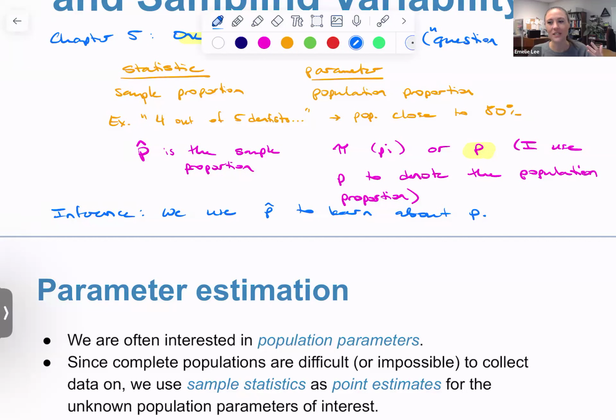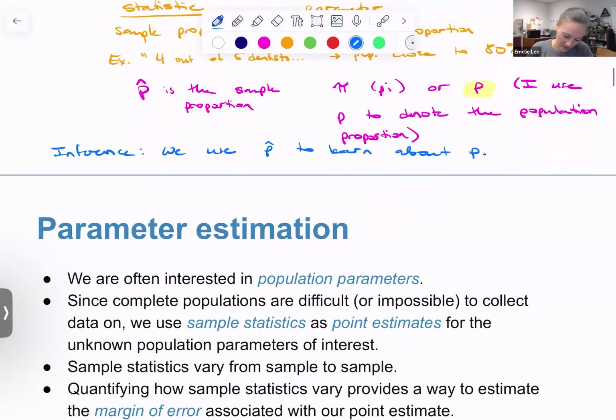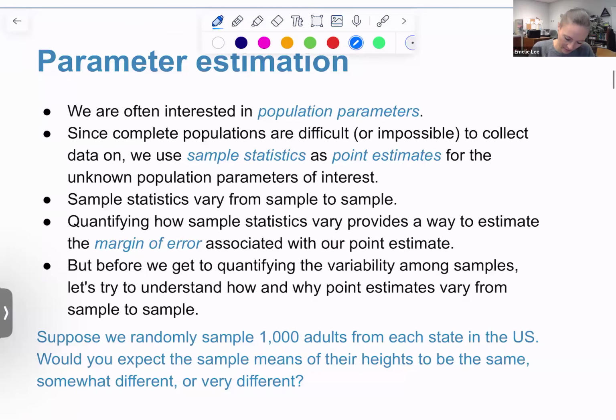The other thing that we can do is we can say, well, how far away from 0.5 is this proportion, right? So there are two things that we do inside inference. But we'll hold off on that for just a little bit and go to this next slide here.